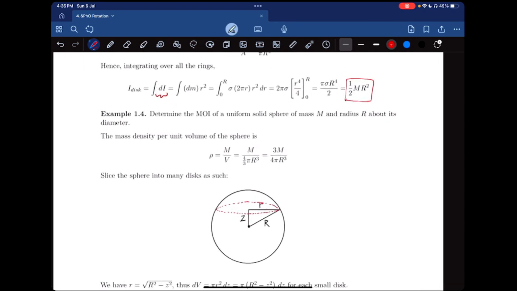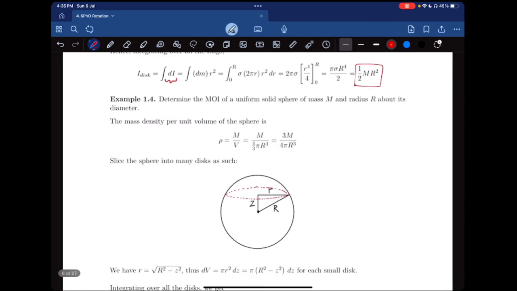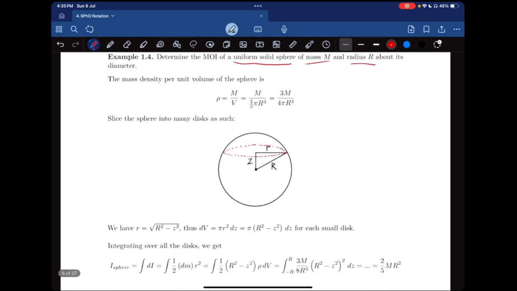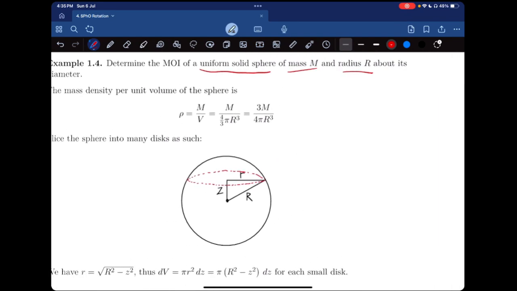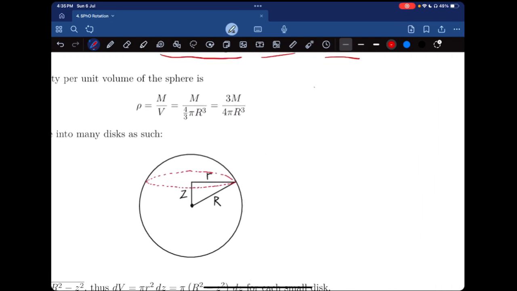There's another more involved example with a uniform solid sphere of mass m and radius r about its diameter. But essentially, this goes back to the same steps. If you want to find MOI, you should always just go back to these steps. First, find the density.